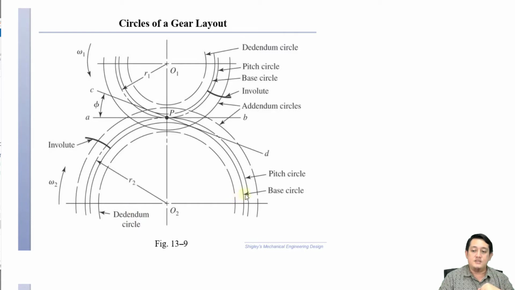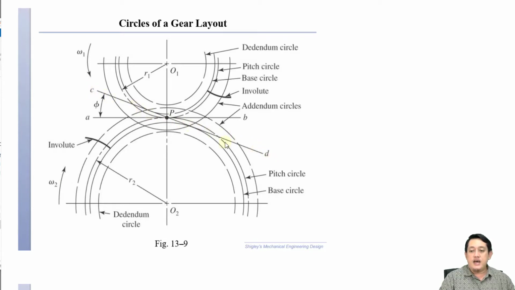This one is the addendum circle for the bottom gear and also the upper gear. This is the radius, R1, the radius of the pitch circle, and this is the angular velocity, W2.